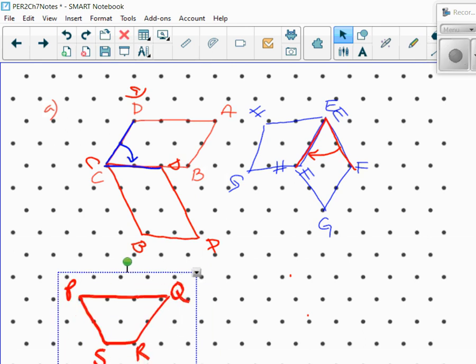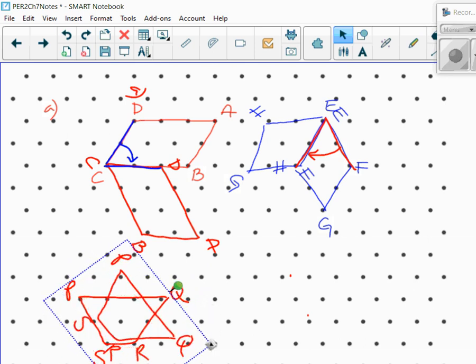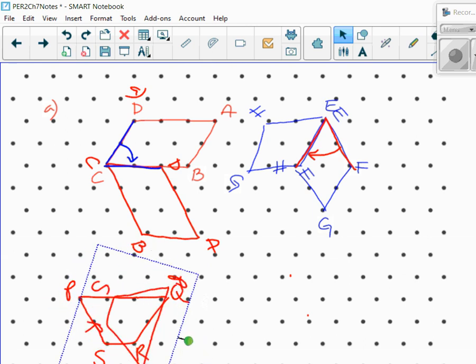And it's saying clockwise. So S is going to turn 1, 2. The problem is when I rotate mine, it gets off.